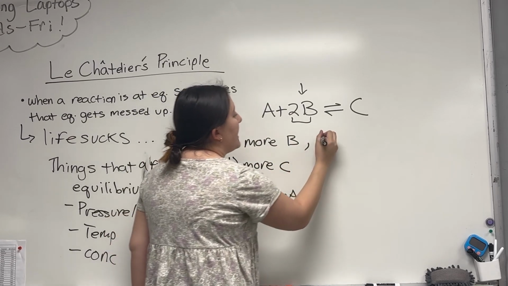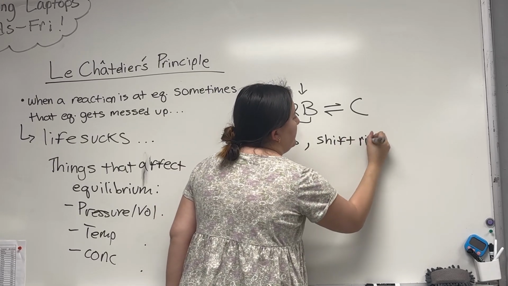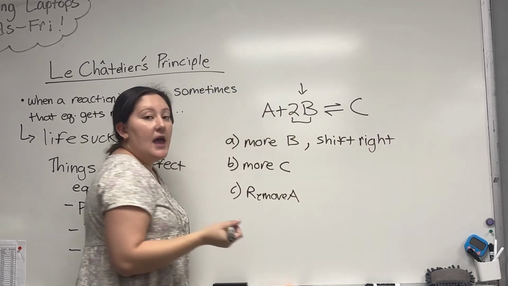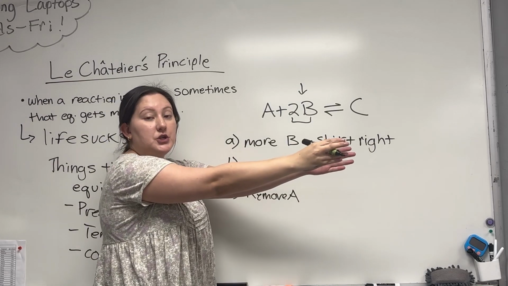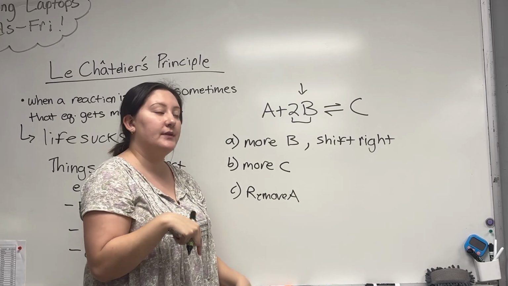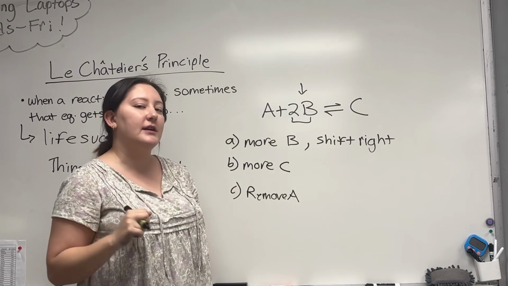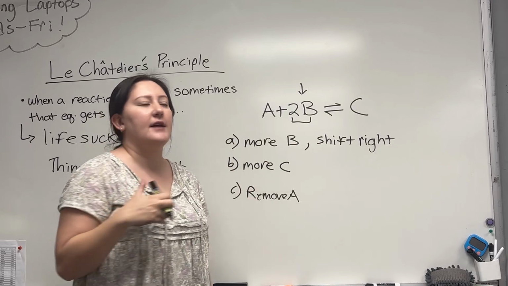Okay, so I'm going to say this would be a shift to the right. Okay, so if I add more of B, the reaction is going to shift in the direction of products to get rid of that extra B that I just added. Okay, seems weird at first. You'll get the hang of it. It's actually pretty intuitive once you kind of do a few of them and get the hang of it.